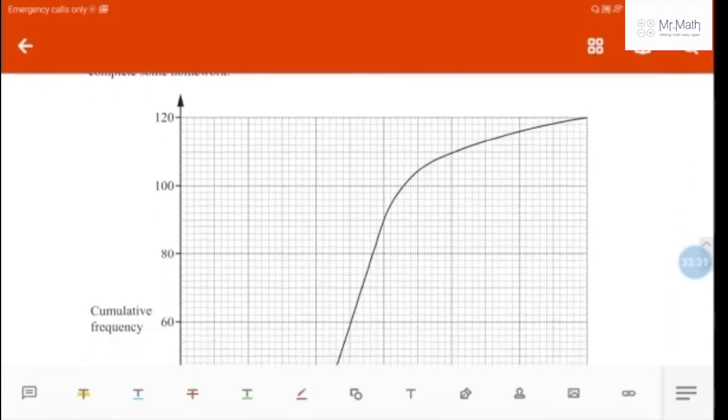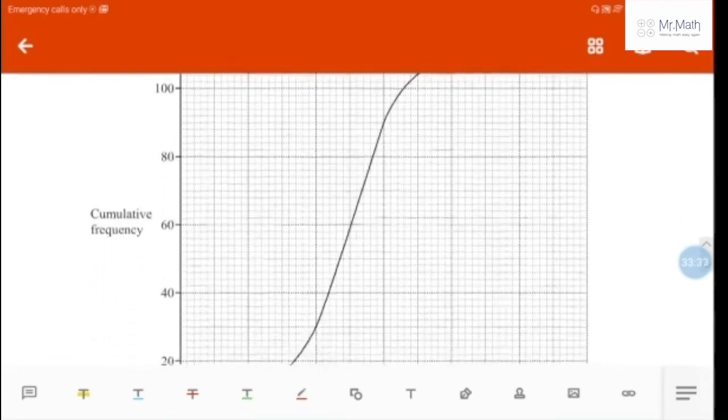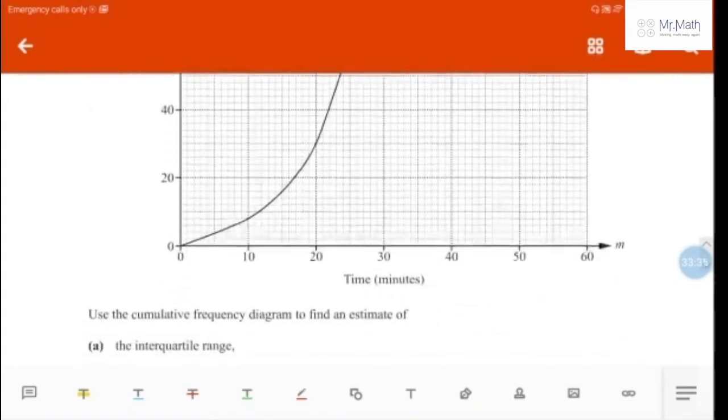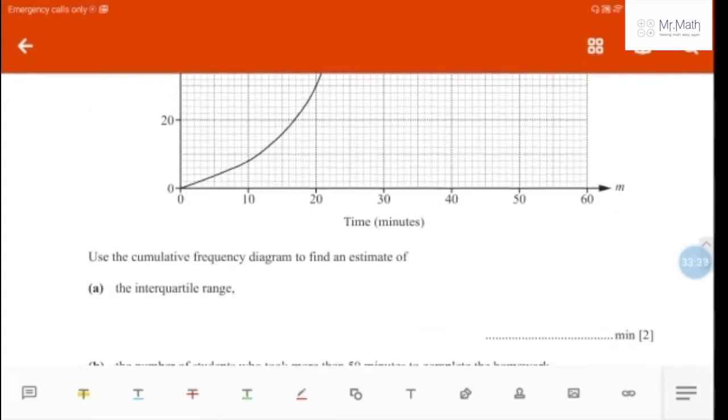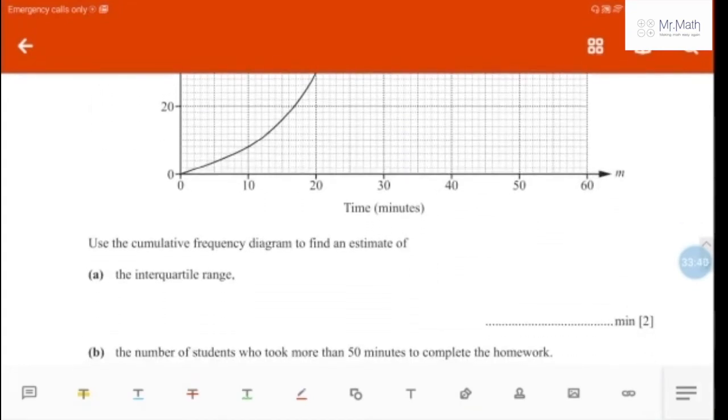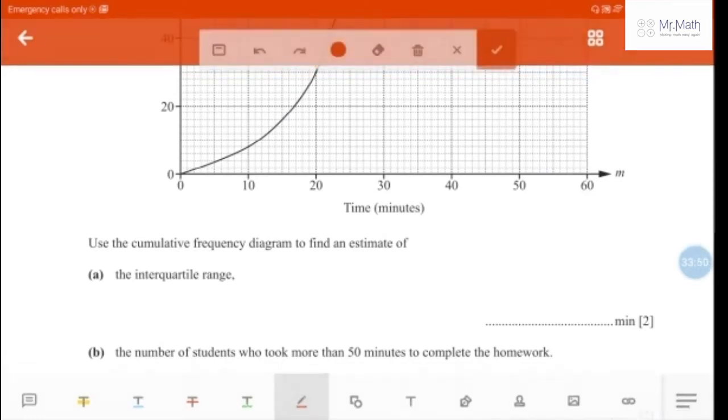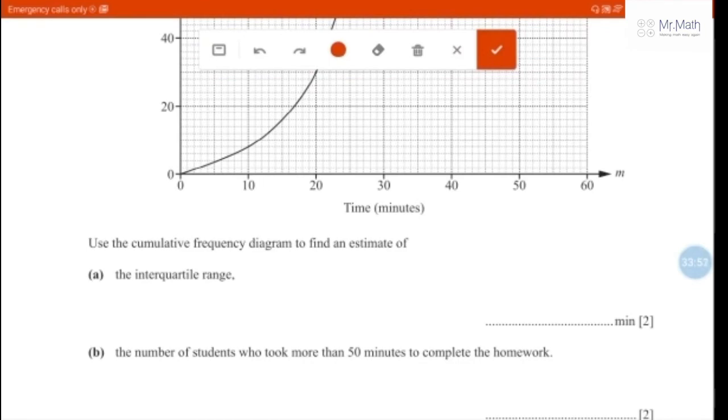This is the cumulative frequency diagram, and in part A it says use the cumulative frequency diagram to find an estimate of the interquartile range. I know that the IQR, the interquartile range, is Q3 minus Q1.